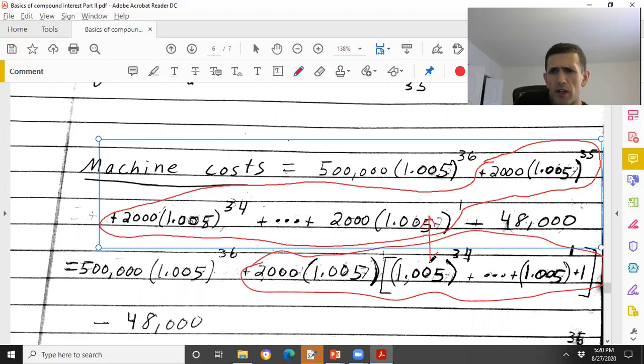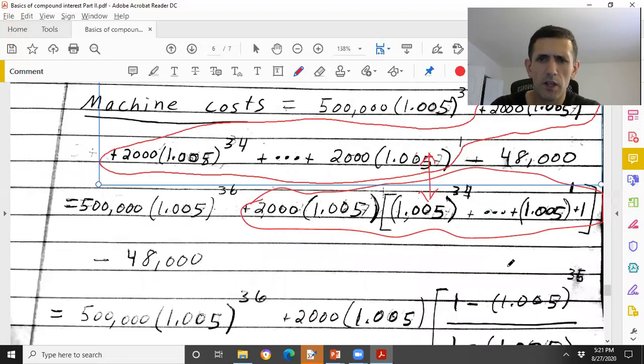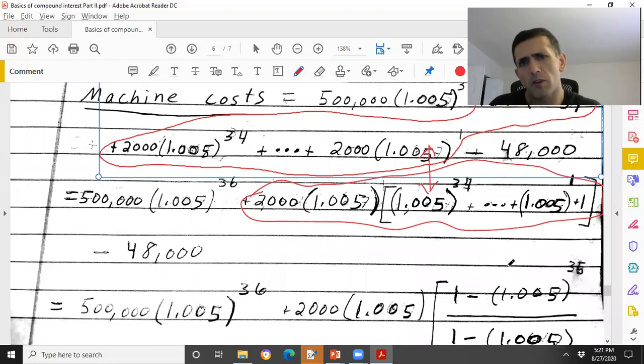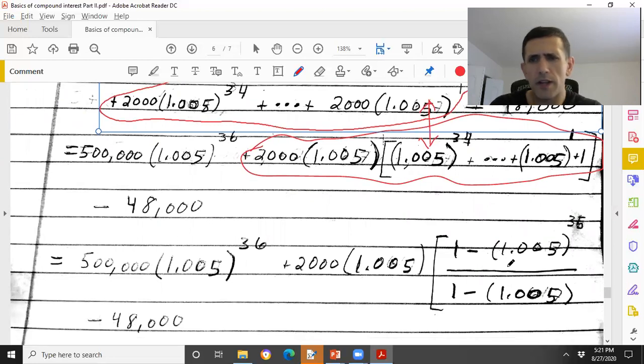I'm just factoring out again the 2000 times 1.005, and then it's 1.005 to the 34 plus 1.005 to 33, all the way to 1.005 to the power 1 plus 1. All right. So the 500,000 times 1.005 to 36, and the minus 48,000 comes along for the ride.